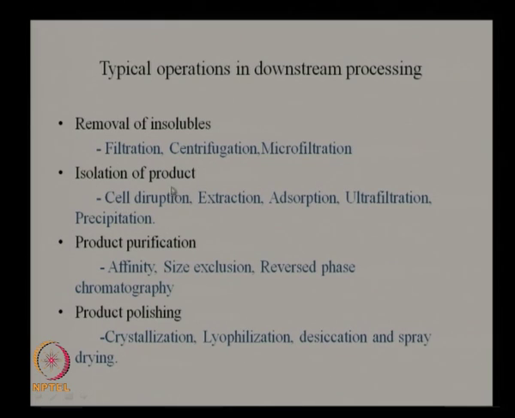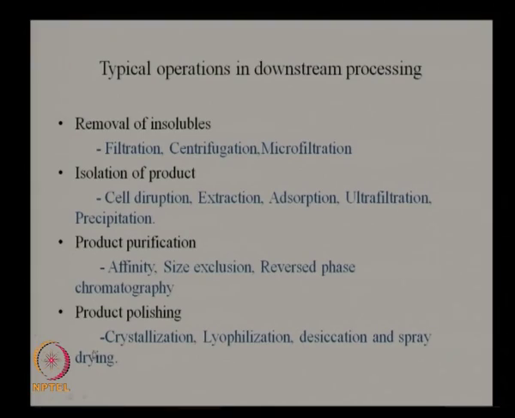Next is isolation of the product, and it can involve cell disruption. That means if your product is inside the cell, you are breaking the cells, that is called cell disruption. The cell disruption can be a mechanical process, it could be an enzymatic process, it could be a thermal process.